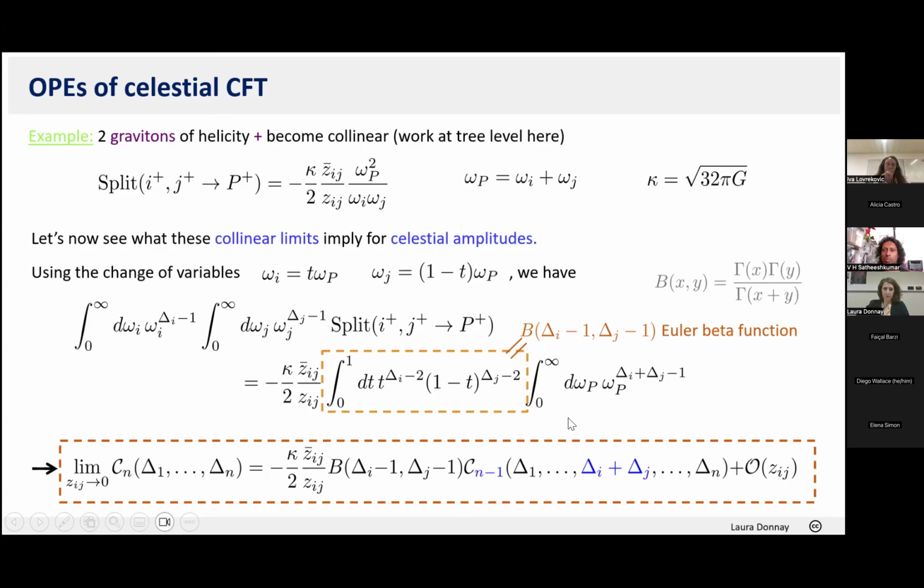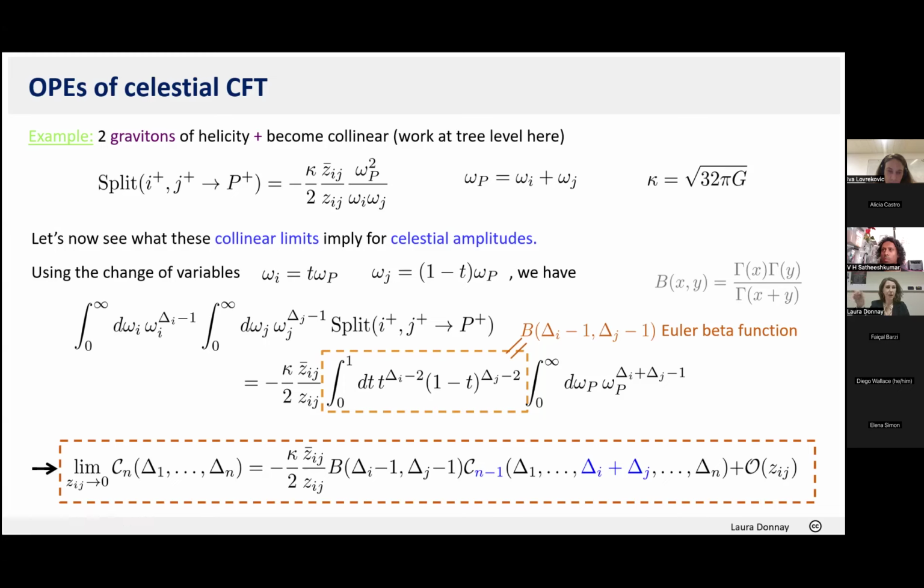Let me know if there is something not clear about that, but essentially that's the computation. Just a comment on this formula. Is this due to the fact that these two particles hit the celestial sphere at the same point, this reduction? So we don't need to know both. Yeah, exactly. This is what we are going to see next.